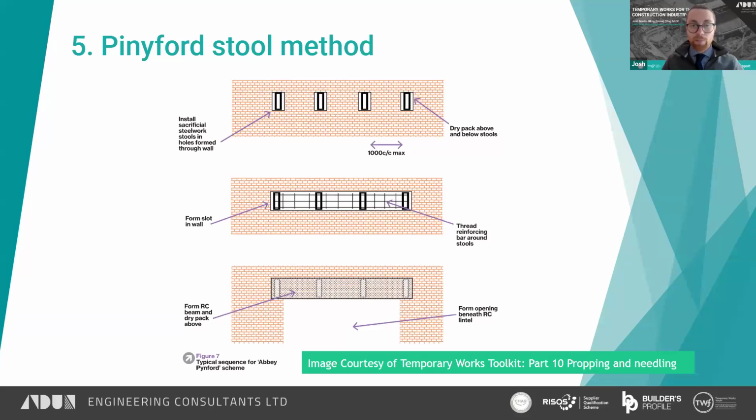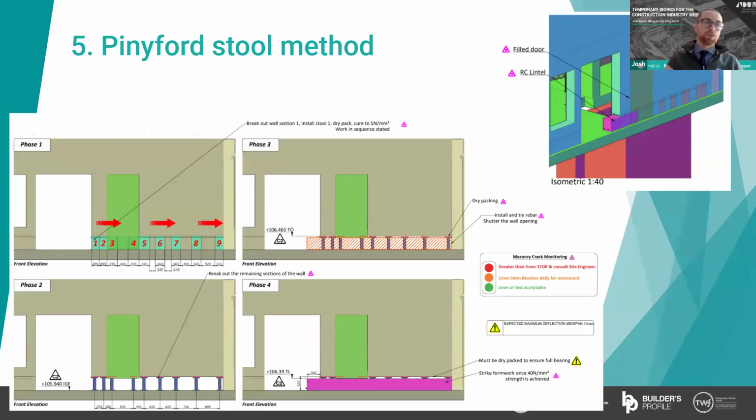So we've got the shutters that are placed around the slot, and then the concrete is cast, and the top of the beam must be dry packed at the wall soffit to make sure that it's bearing and properly taking the load, and there are no air pockets at the top through the casting process. And then once that concrete is cured sufficiently, the wall below can be broken out, and then hey presto, you've got your opening created. And those stools are cast in and therefore redundant.